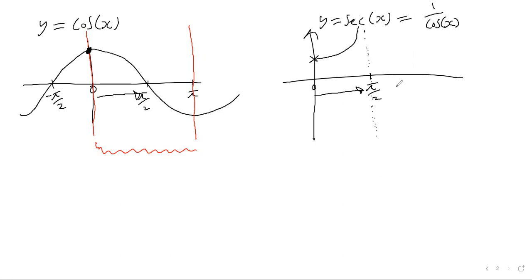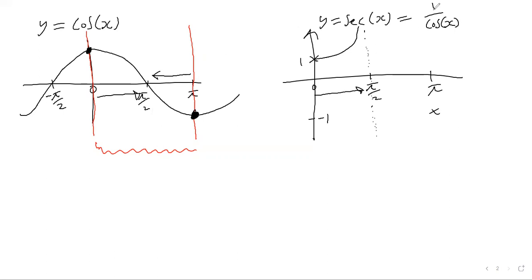Okay, great. Now we can go from the pi over 2 part of the domain to the pi part, with similar logic. When x is pi, cos pi is -1, so 1 over cos pi is -1 itself. So we can put a -1 there. When we go backwards from pi to pi over 2, cos gets bigger, or the magnitude of cos gets smaller.